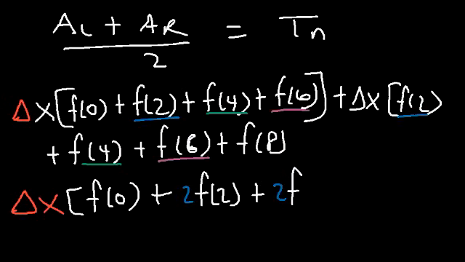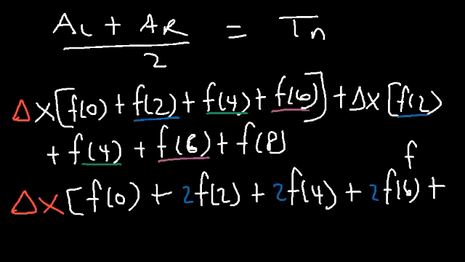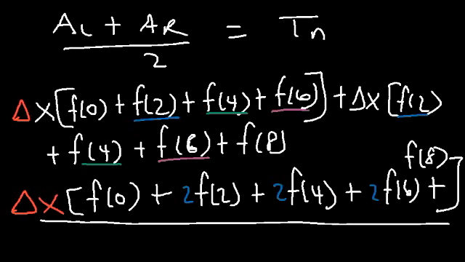And there's 2 f of 6. And there's only 1 f of 8. And all of this is divided by 2, which you can put the 2 over here. And now you have the equation of the trapezoidal rule. So the trapezoidal rule is simply the average of the left and the right Riemann sum.